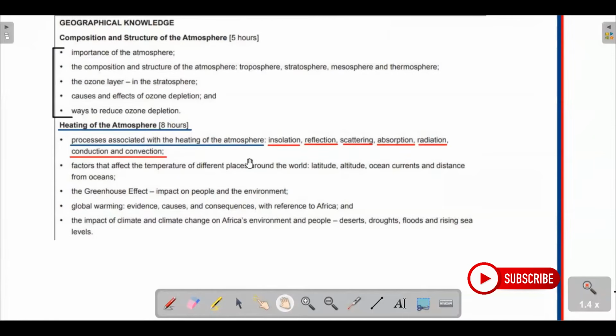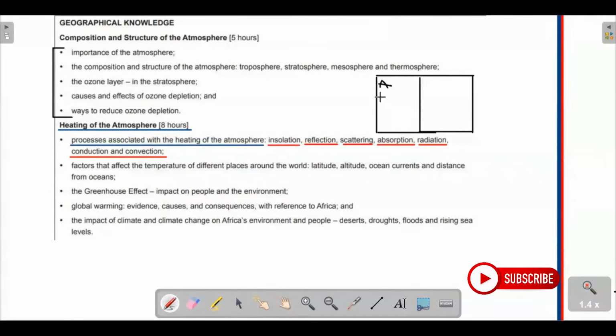So usually the test that you'll be writing in term 1 will have a match column A and column B type of question where you have, let's say, the descriptions on the right column, and then you have the terms on the left column, and then you are asked to match.